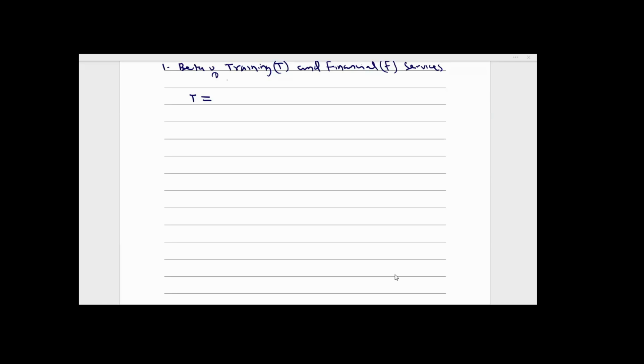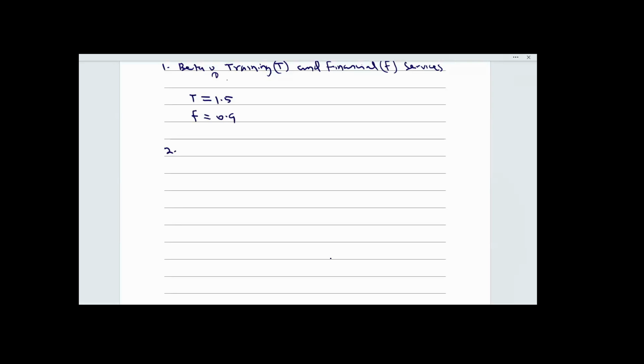Therefore, for training, beta is 1.5, and for financial service, beta is 0.9. In step 2, I need to ask myself, are the betas of 1.5 and 0.9 geared or ungeared?